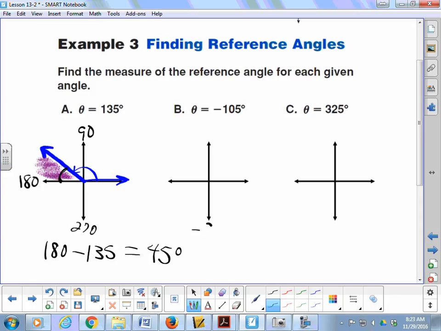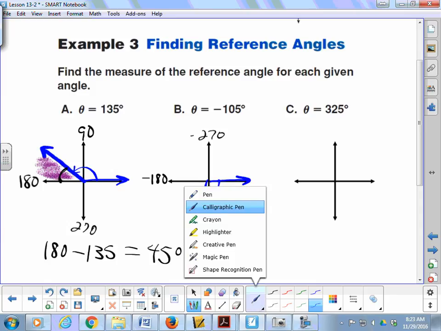So we're going negative 90, negative 180, negative 270, all right, and so on. So negative 105 is going to be here, all right? So it's negative 105 degrees.